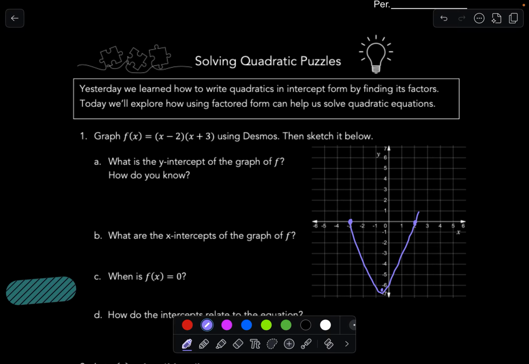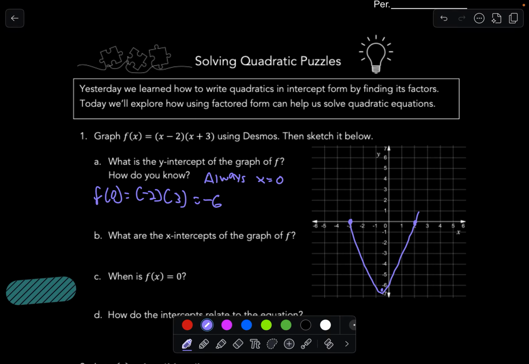What is the y-intercept of the graph of f? Well, y-intercepts always, and I do mean always, occur when x equals 0. So plug in 0 for x. F of 0 equals negative 2, because 0 minus 2 is negative 2, times positive 3, which equals negative 6.